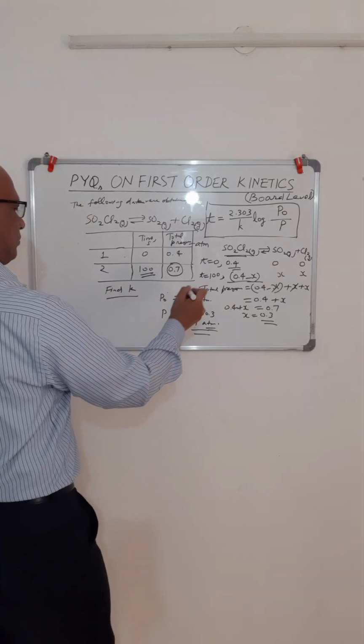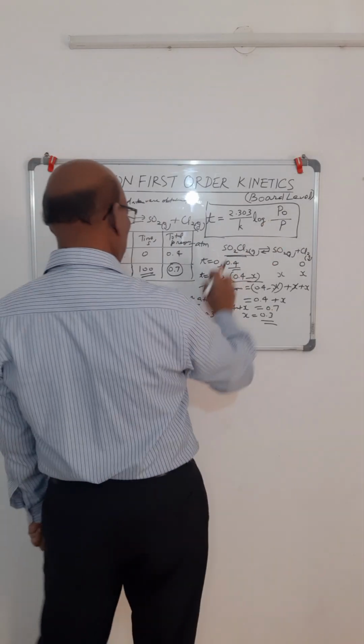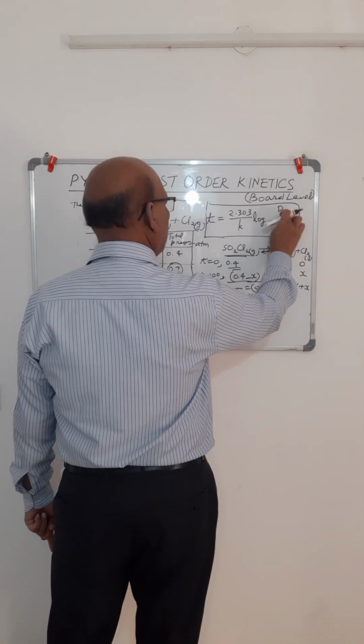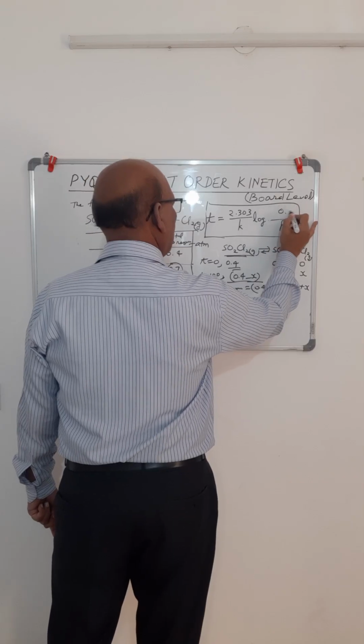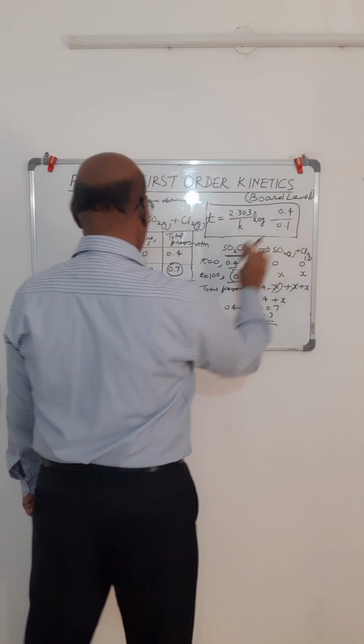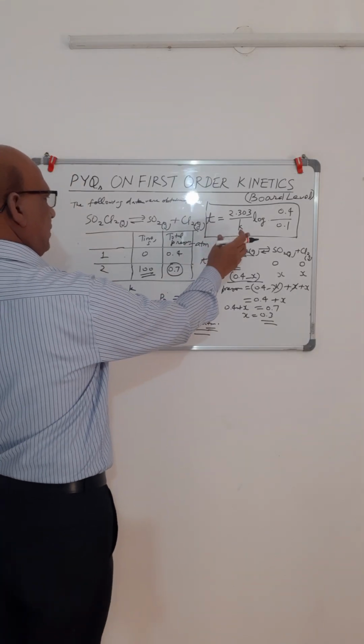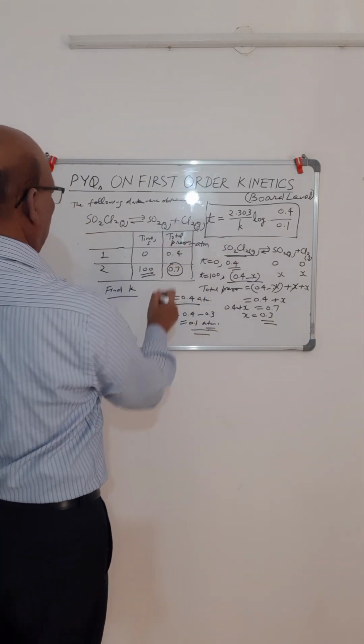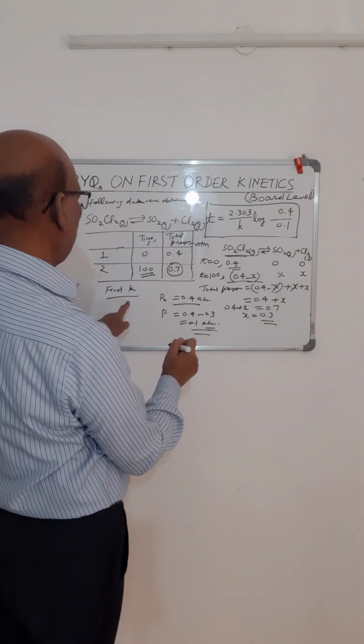Okay, so इसमें हम रखेंगे तो we will get 0.4 upon 0.1. यहाँ पे आएगा 0.4 और यहाँ पे आ जाएगा 0.1. So this is the formula. Now we have to find the value of k.